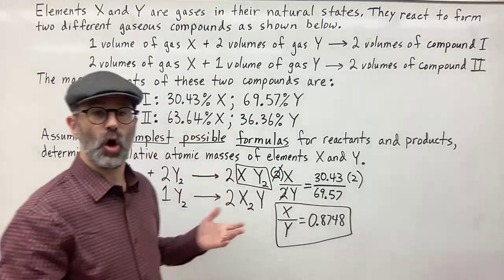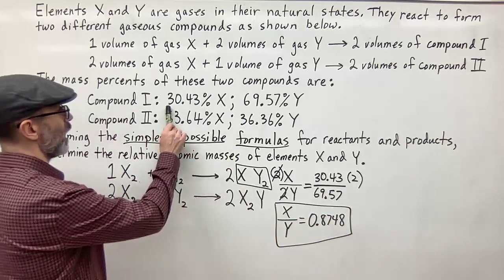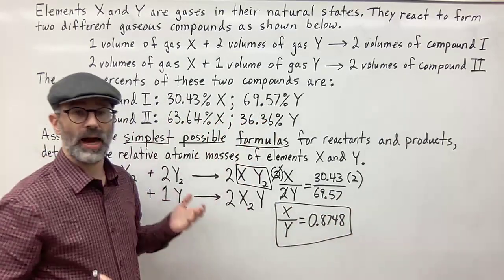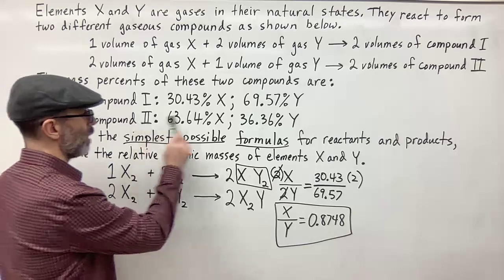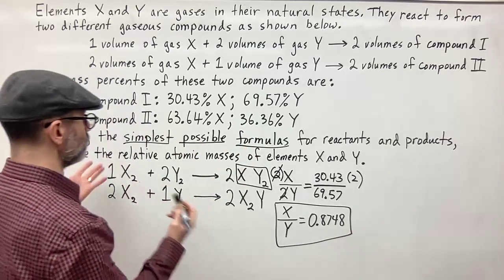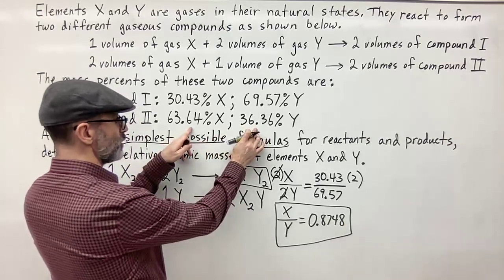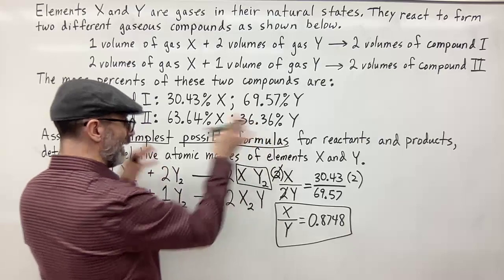Now, notice that I got this value using compound number 1. Well, I can do the same thing for compound number 2. If we do the same thing for compound number 2, it's the exact same thing. So I have the mass percents of x to y in the compound.